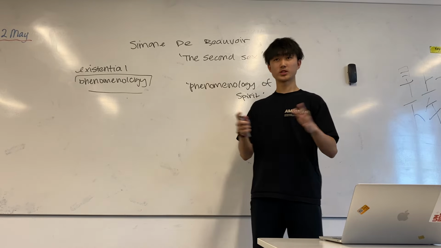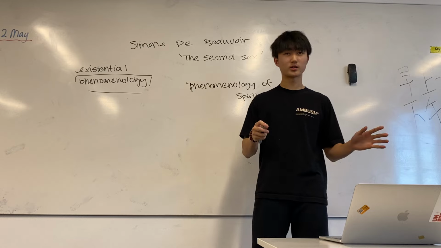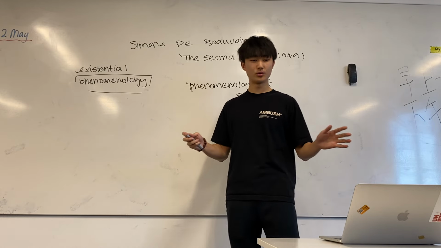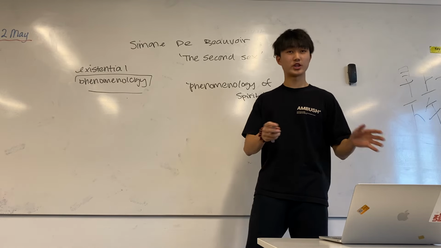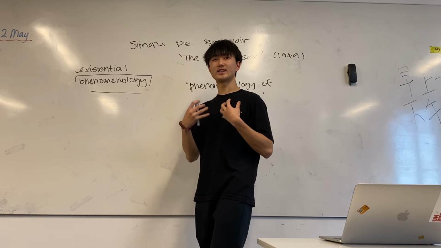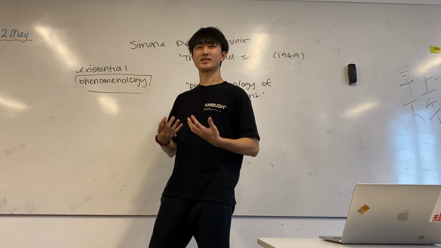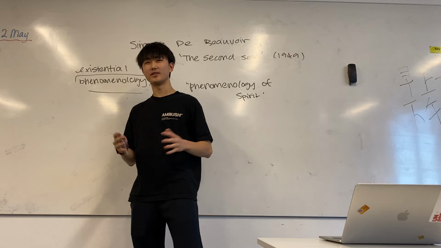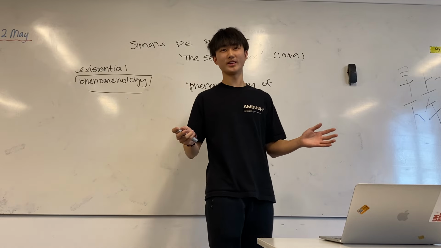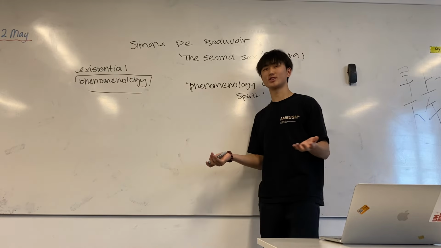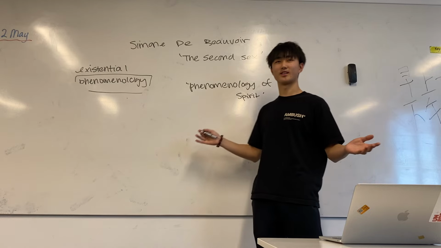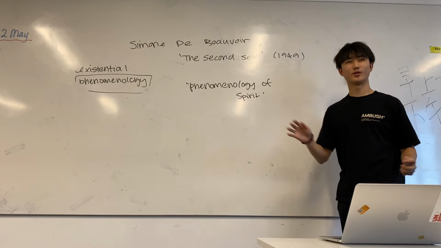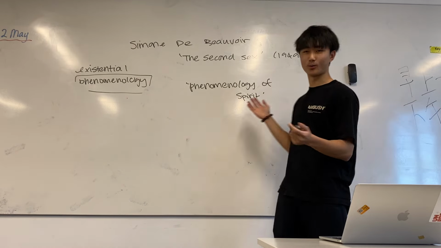Now, she also explains that there's this conflict within women, who feel themselves that they should be essential, but they're treated as inessential. And that's where feminists come along, right? They think, hey, why am I being treated so poorly as inessential when I should be essential myself? That's what feminists are, basically. And that's why they fight against patriarchy in the modern day world.